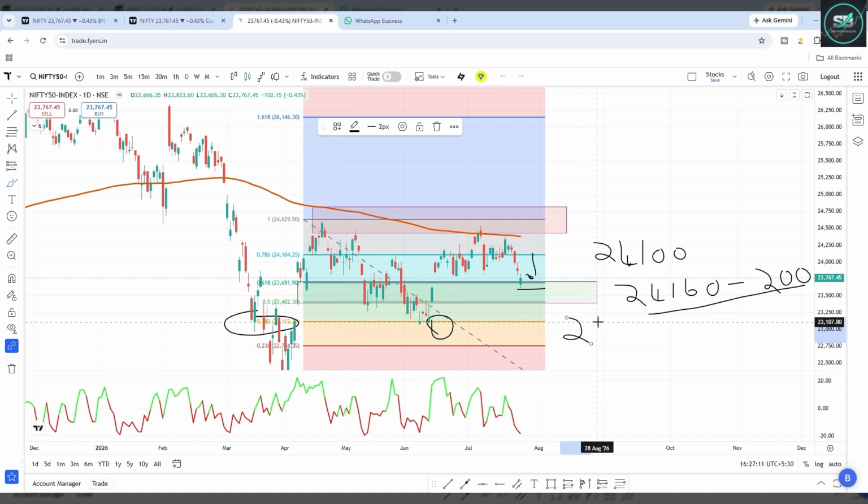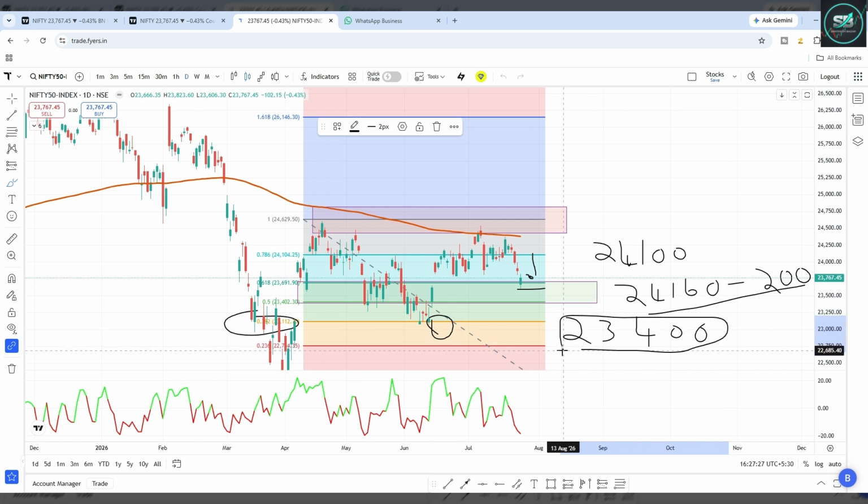as long as it is not breaking the 23,400 zone. Now the 23,400 zone is a crucial zone. On the downside we have many supports, but at the moment take an assumption that 23,400 can be our SL to try for the long side from this zone. We have a good candle created here today.